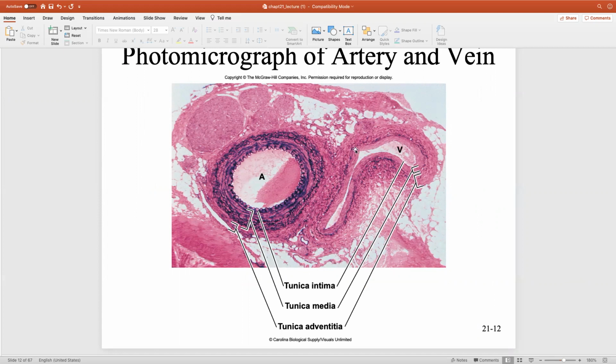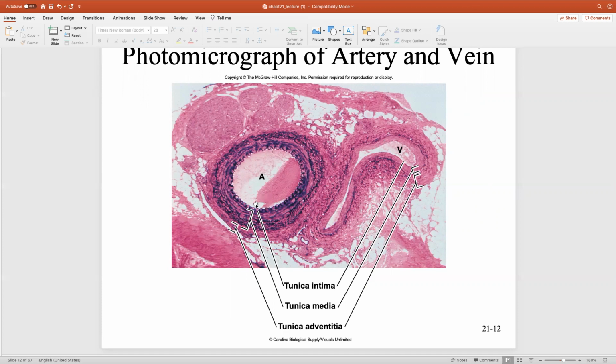Obviously, we've removed this from the person, and the vein no longer has blood going through it. Because there's no blood, the vein collapses. One of the reasons is that the vein has very little smooth muscle. So we're going to see arteries have a lot of smooth muscle, have a lot of elastic tissue as well.